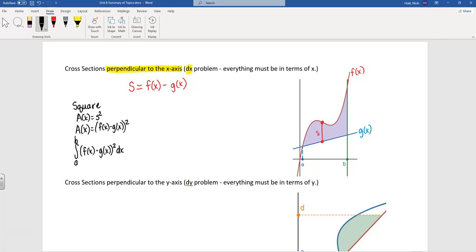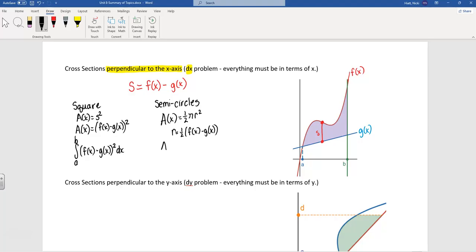If I had the same picture, but they said semicircles, well, I know the area for a semicircle is 1/2 times pi r squared. Now, you're going to have to go an extra step here because r is not s, right? What is r? Half of s. So, r is 1/2 of f of x minus g of x there.